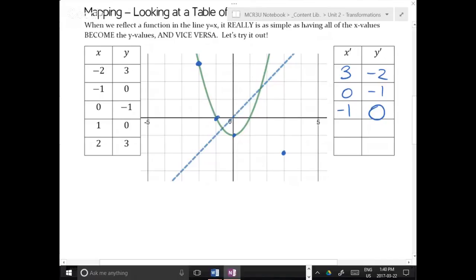If the original point was at (1, 0), the new translated point will be at (0, 1). And it occurs to me I should have used different colors for the original points, so I'm going to do that. And if the original point was at (2, 3), where will the new point be? At (3, 2).